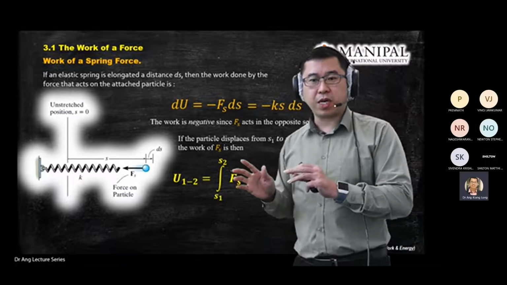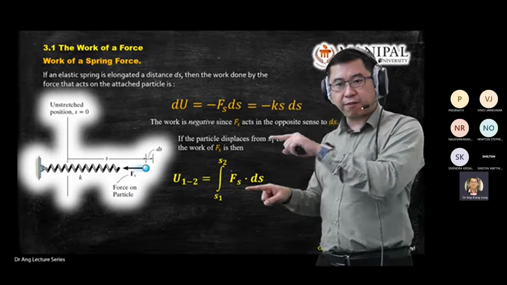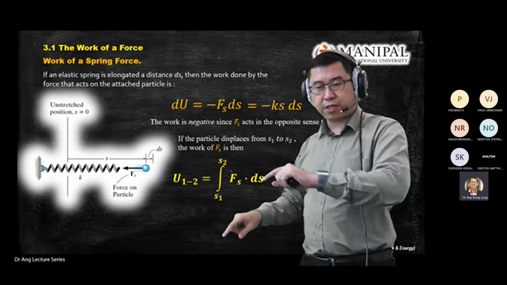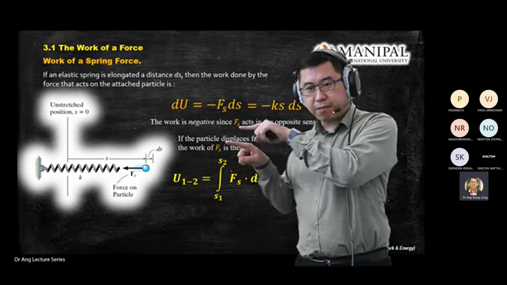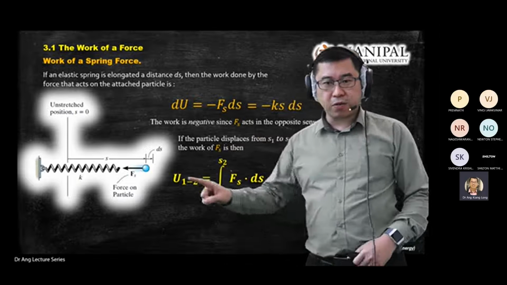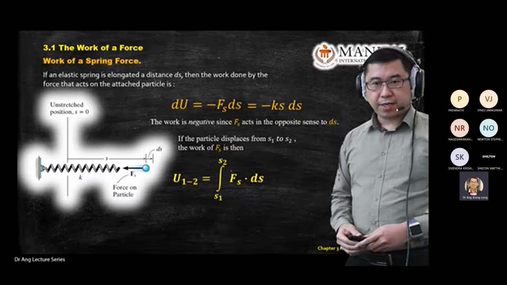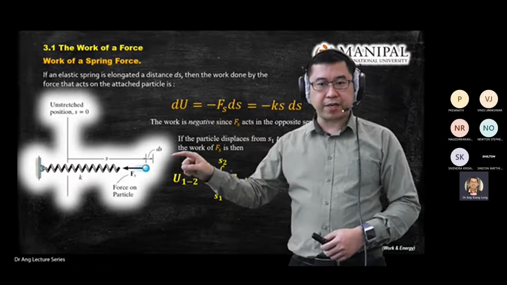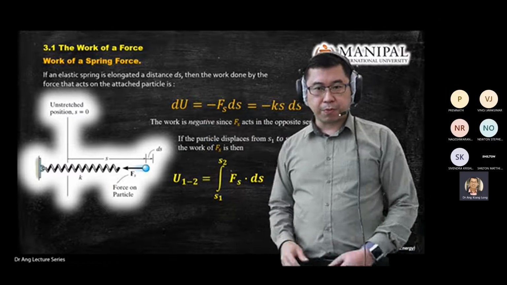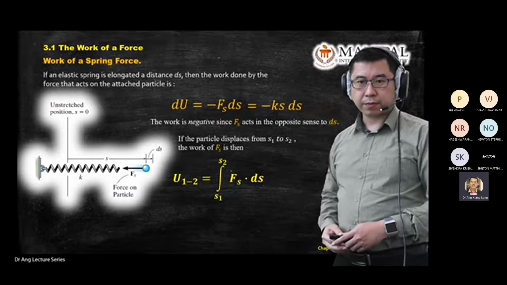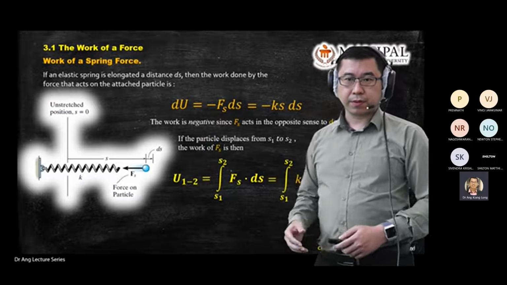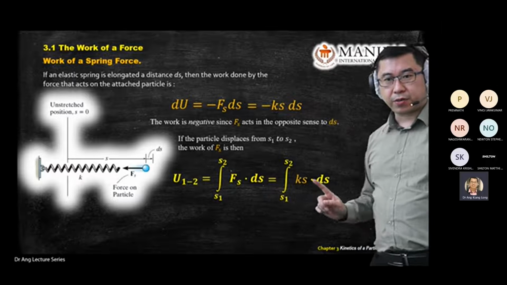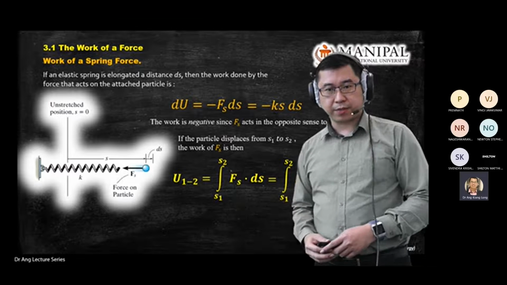Again, what is work? Work is you take the force, multiplied by the same direction of your displacement. Force and displacement must be in the same direction, then work can be done. Okay, so this is the derivation equation for spring. You substitute the kx inside there, you get the work done by the spring.